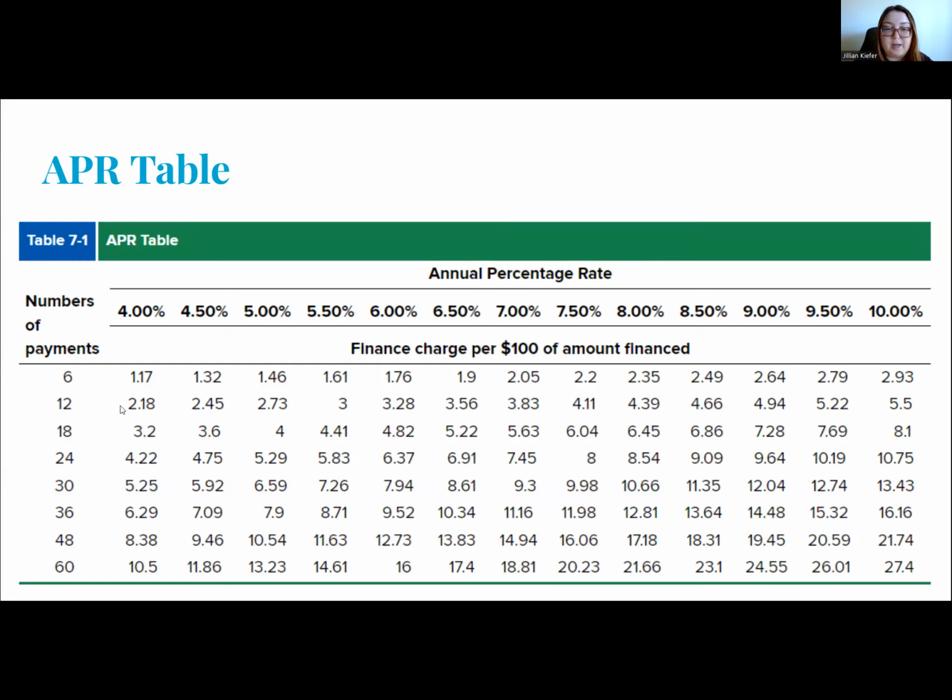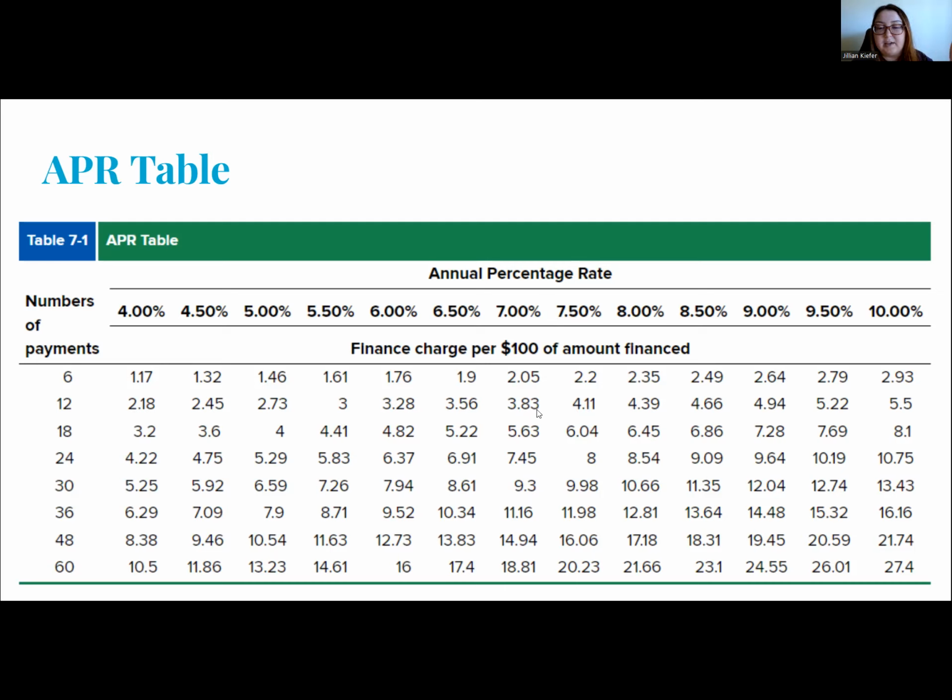So we go to 12 payments and we go down the line until we reach the two values that correspond to 7 and 7.5%. Now we know that 7.25% isn't actually on our table here, so we can estimate our finance charge per $100 of amount financed based on that percentage.